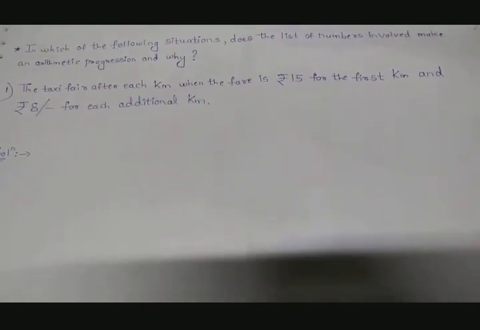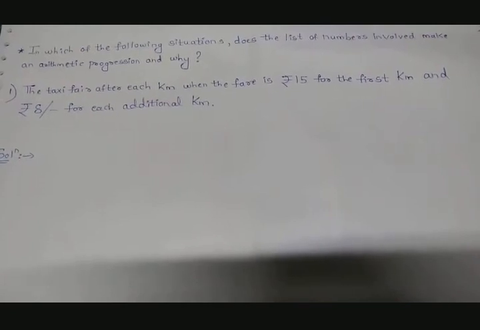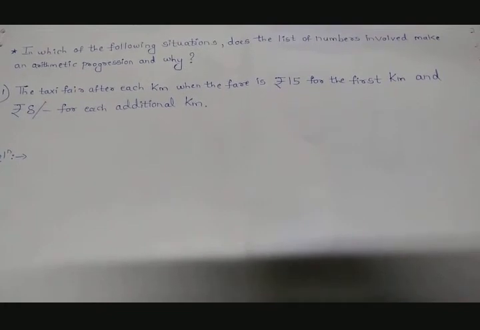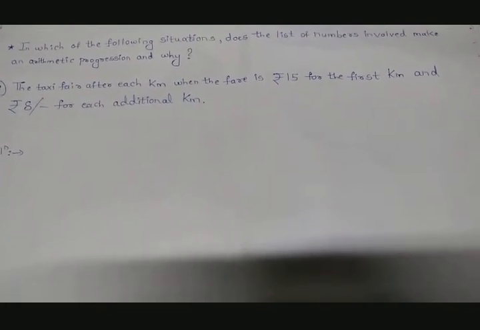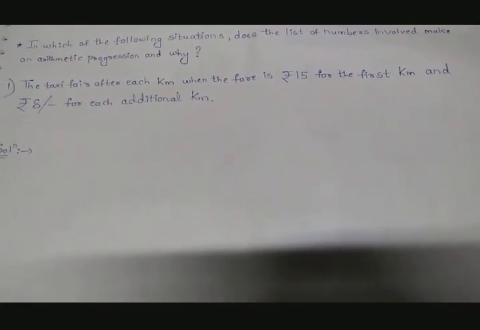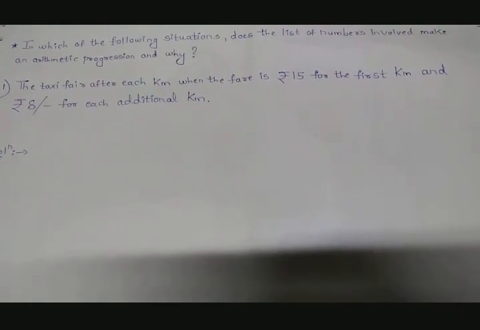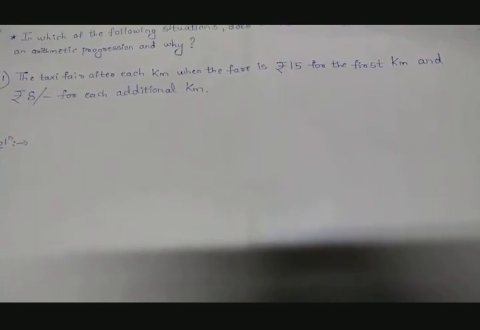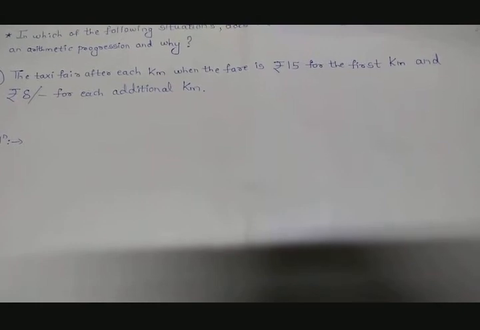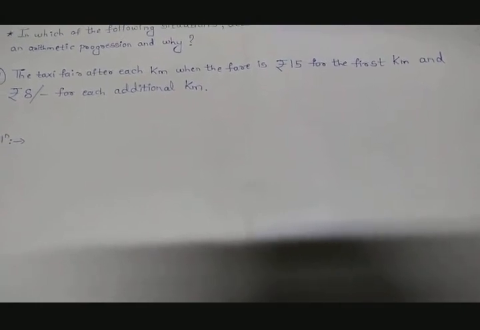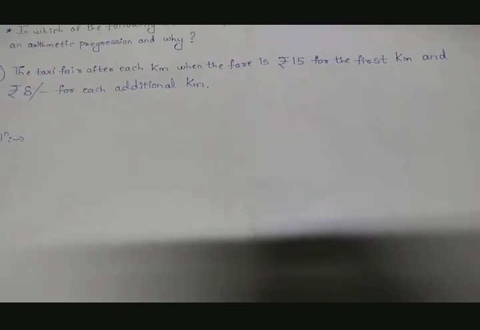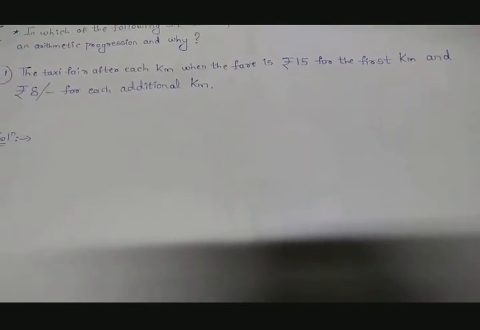So the first question is, the taxi fare after each kilometer, when the fare is rupees 15 for the first kilometer and rupees 8 for each additional kilometer. So they have given the taxi fare for each kilometer, that is, for the first kilometer it is rupees 15, and for further kilometers traveled it is 8 rupees per kilometer.